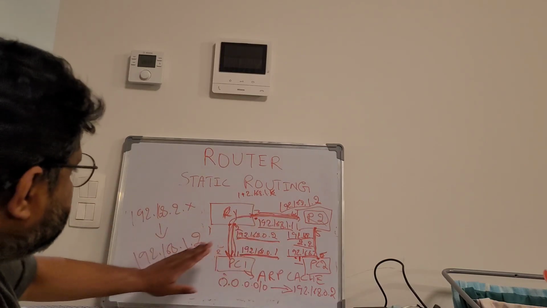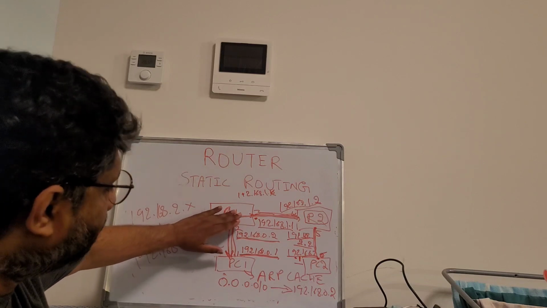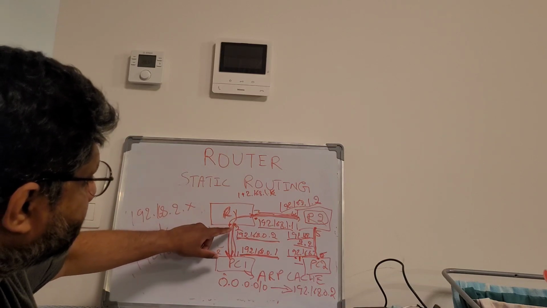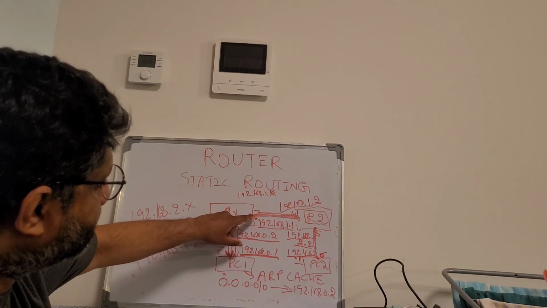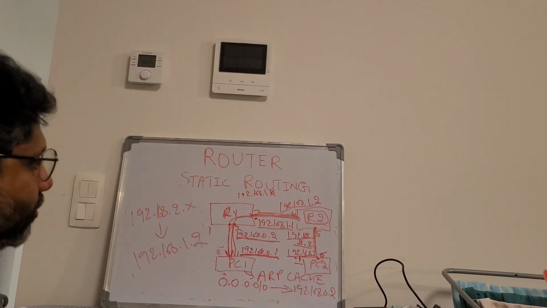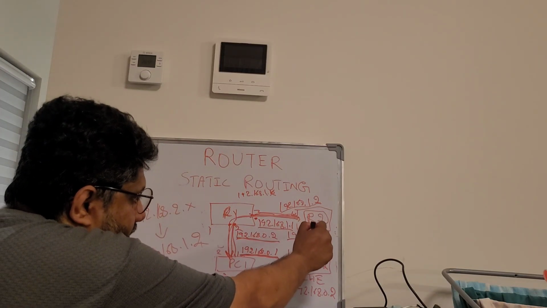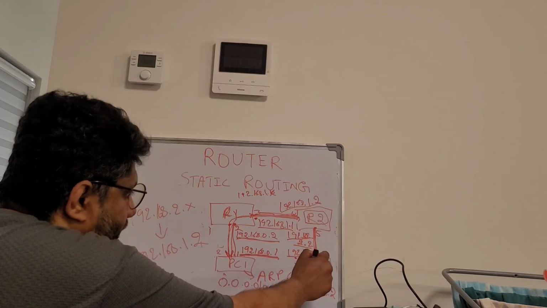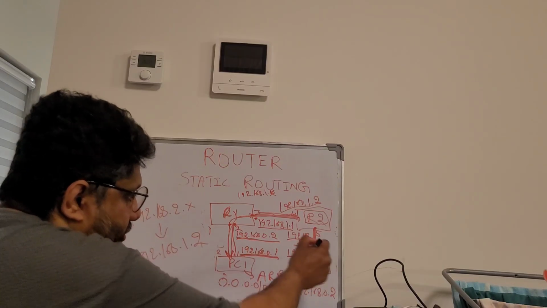Once you define the static route entry in R1, you will send the packet through interface 3 to R2. Now R2 knows how to reach 192.168.2.x, so it will send it to PC2, right?